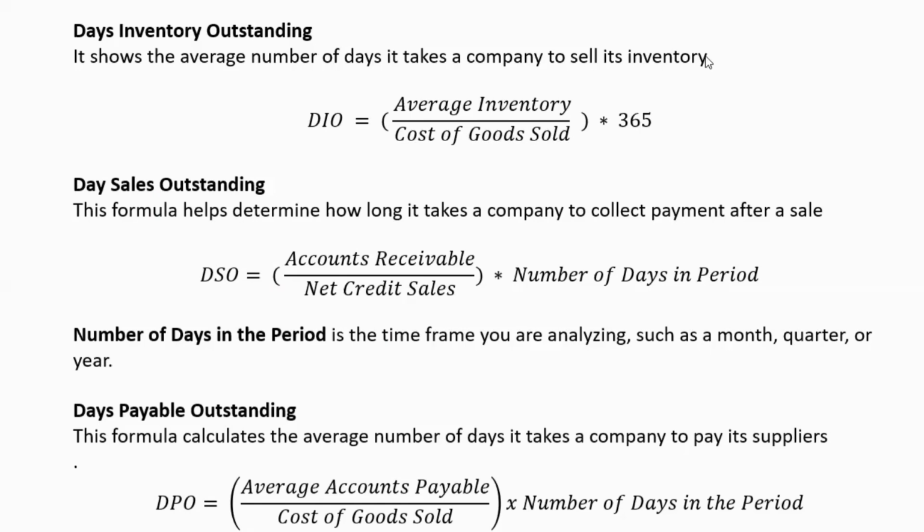Days payable outstanding is the number of days it takes a company to pay its suppliers. Now, if you are a great analyst, you will be checking all of these formulas for that company. Then through this, you will come to a conclusion whether or not to give a loan to this company.